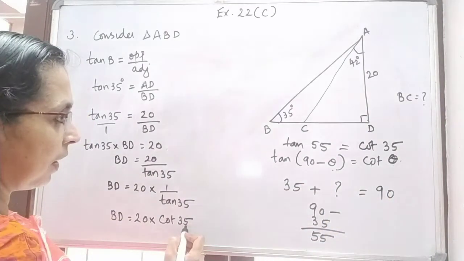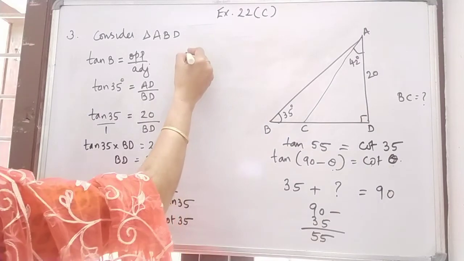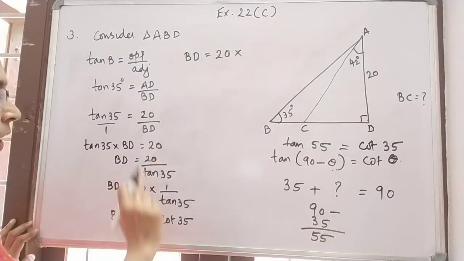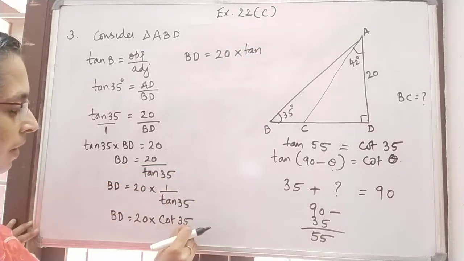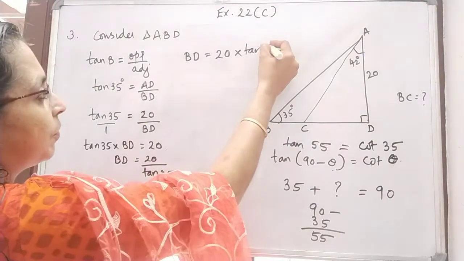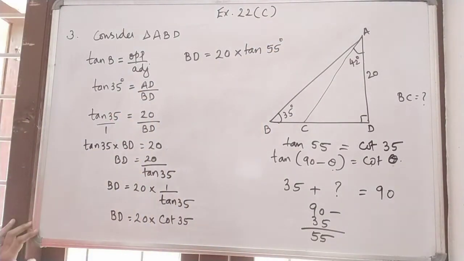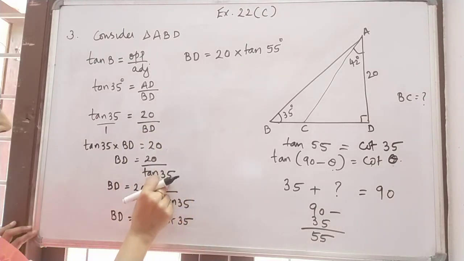So we have cot 35. Instead of cot 35, we can replace it as tan, and instead of 35, we can write 55. BD is equal to 20 into tan 55. Why? Because these two are complementary angles. It will be easy to multiply by 20; if we substitute the value of tan 35 we would have to divide.